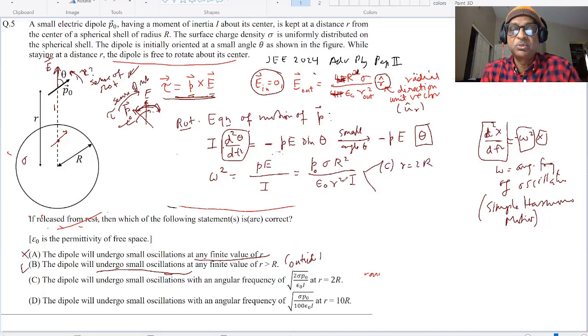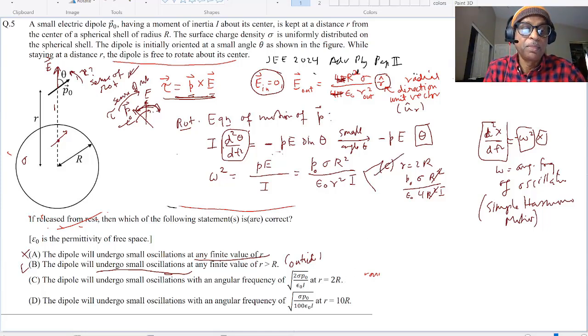So R equals 2R is going to be P0 sigma R squared over epsilon naught 4R squared I. So R cancels out. So definitely this is not the case. So C is not the case. How about checking D?